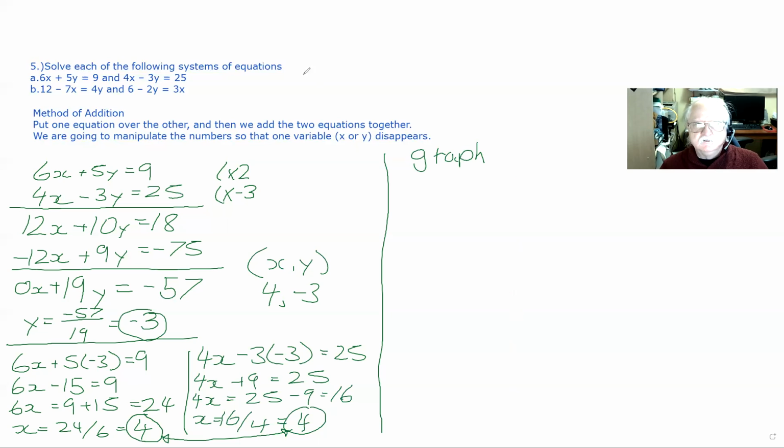Let's draw a straight line. So x, y, what we're saying is when x is 4, 1, 2, 3, 4, y is -3.